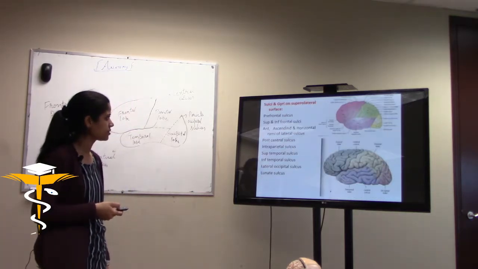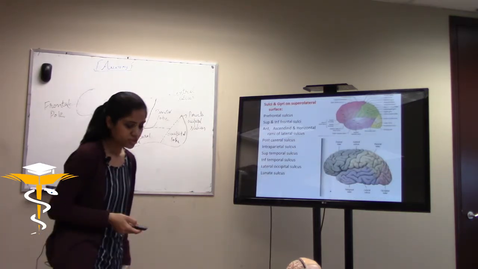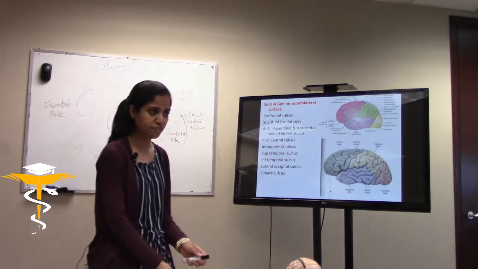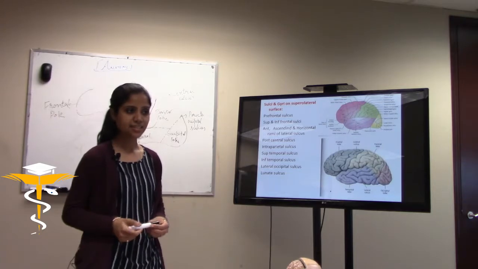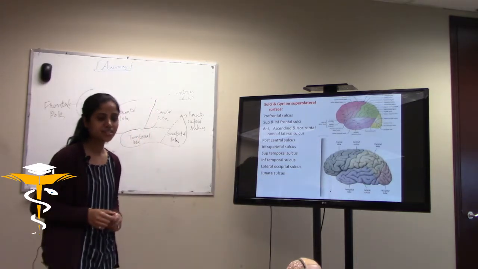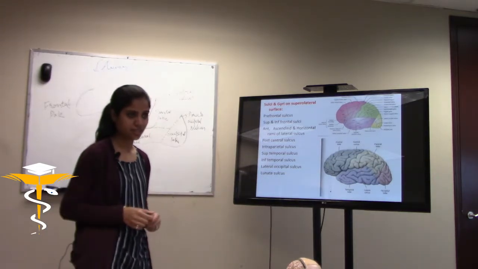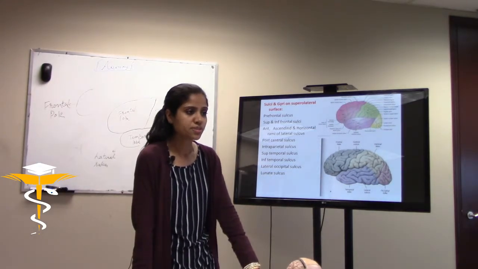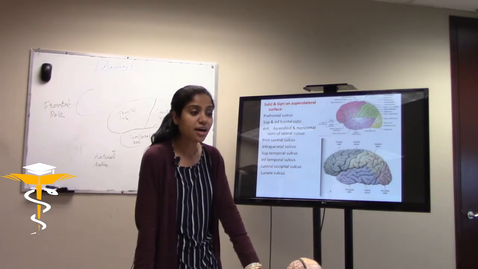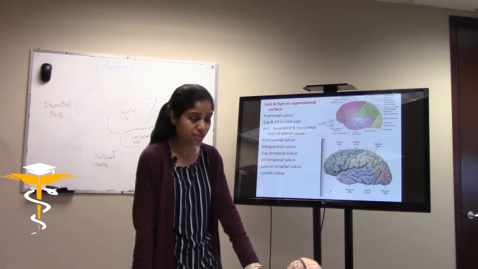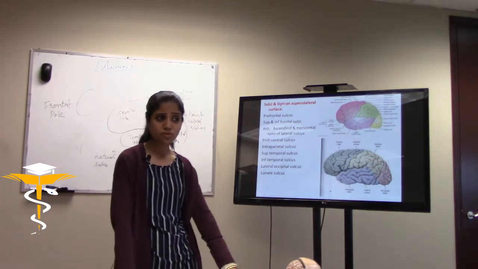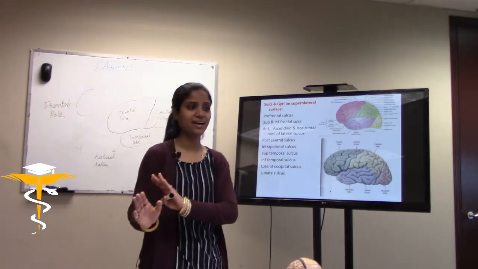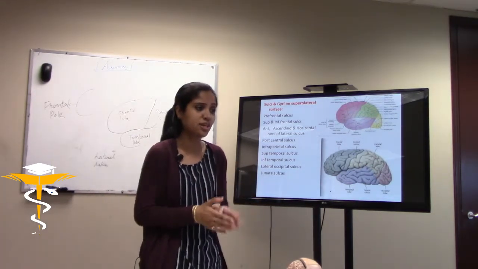So by now you are familiar with the three main sulci of the cerebrum, that is the central sulcus, the lateral sulcus, and the parieto-occipital sulcus, which have demarcated the cerebrum into 4 lobes. But besides this, there are other sulci and gyri as well, and it is very important to know about those sulci and gyri, because each sulcus and gyrus has its own functional importance.